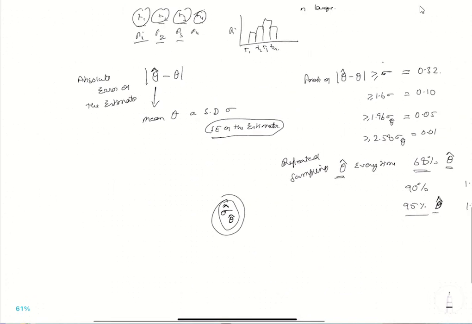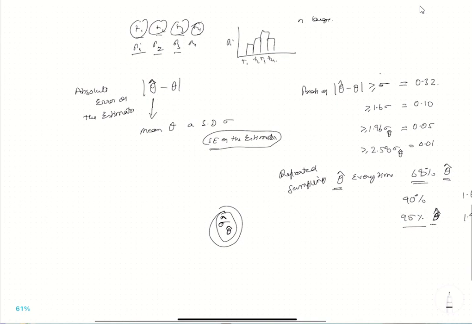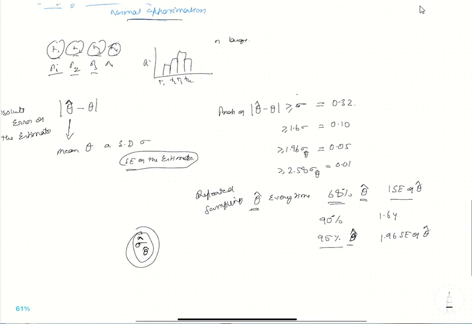But the whole point here is that the absolute error calculation uses this formula, where this is the parameter and this is the value that you estimated. And if we did repeated sampling and calculated theta hat every time, 68% of the theta hat would fall within one standard error. This is the sampling distribution.